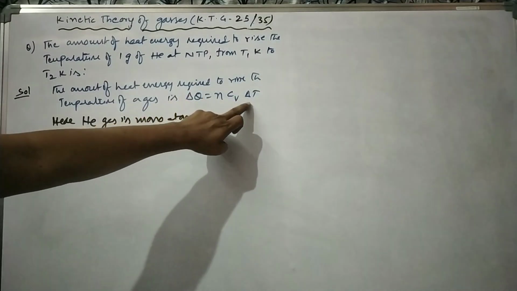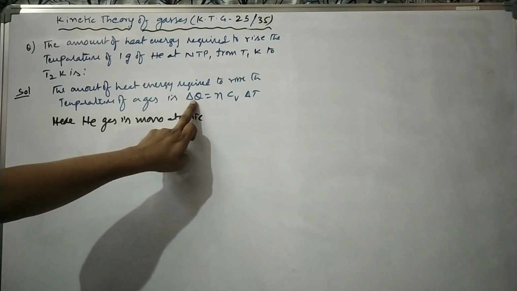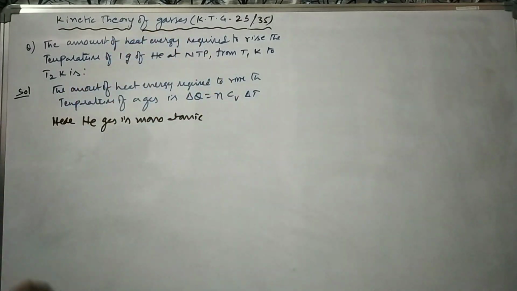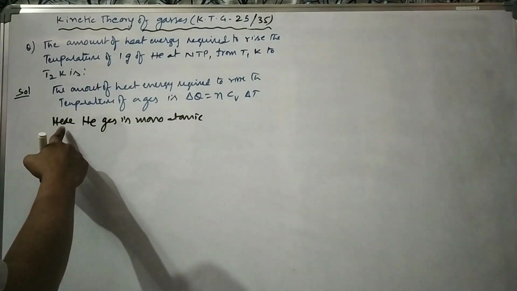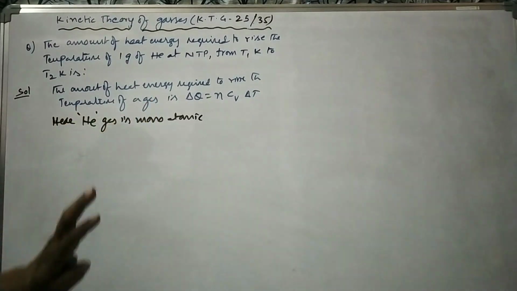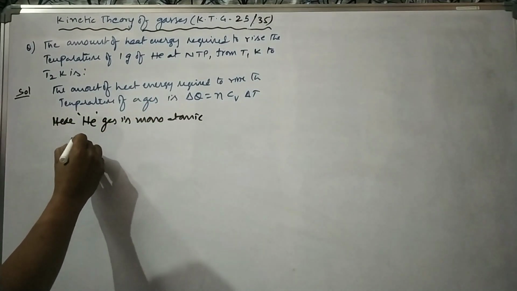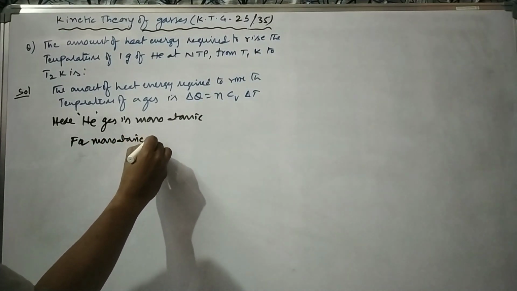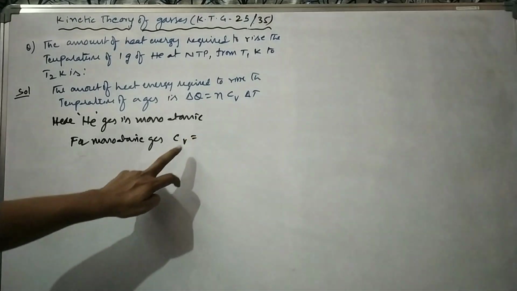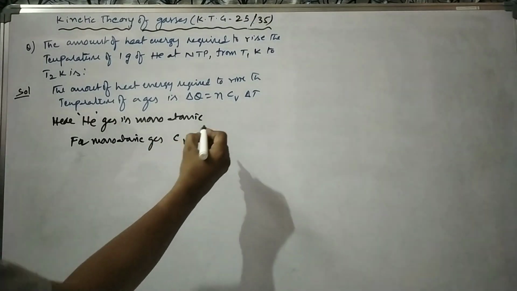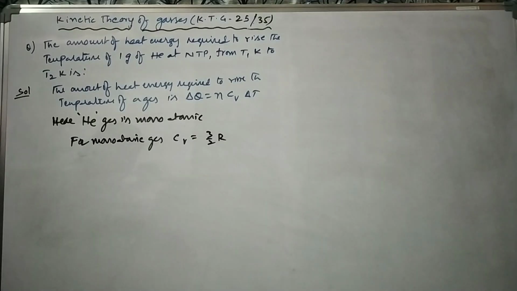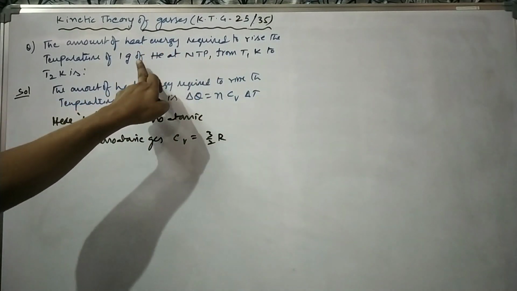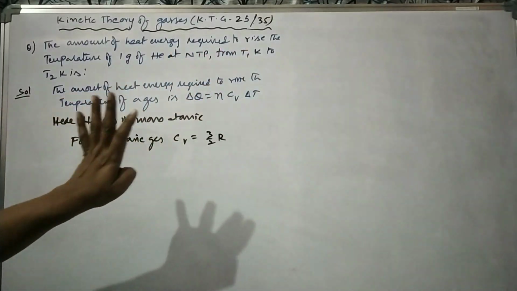So to calculate delta Q, you have to know what is N and what is Cv. Helium is monoatomic. For a monoatomic gas, Cv, specific heat of gas at constant volume, is nothing but 3 by 2 into R. The temperature of 1 gram of helium gas is raised from T1 degree Kelvin to T2 degree Kelvin.